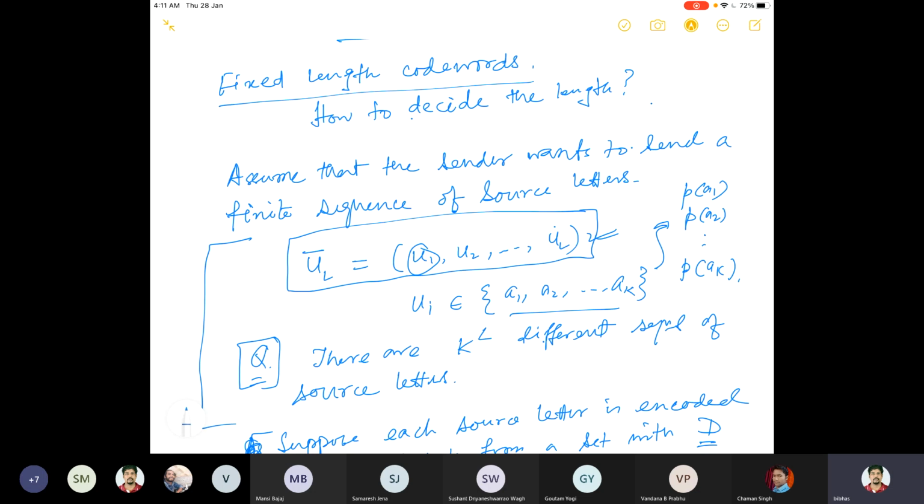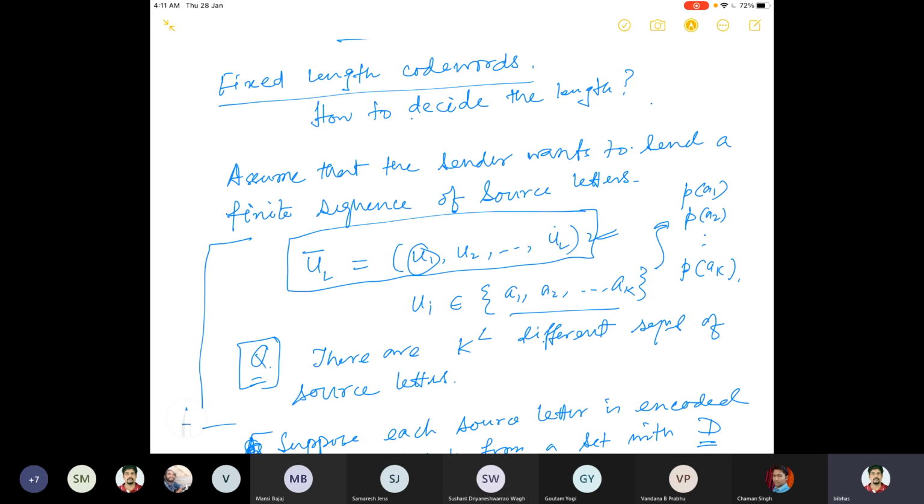And not only that, this can be done with the number of code letters per source letter approximately equal to the entropy of the random variable. This is what we're going to show.